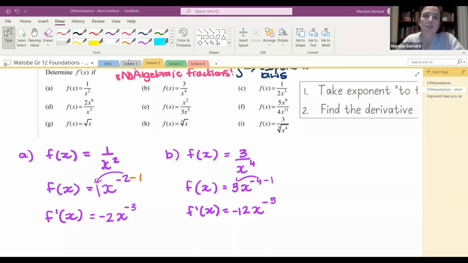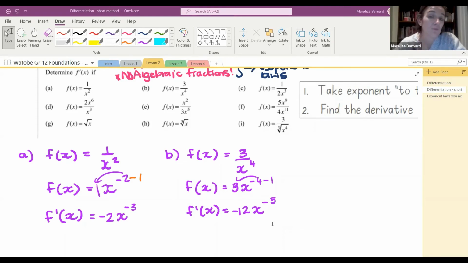Okay, so Cassandra's asking, is it okay to leave our answer like this? Okay, so sometimes we are asked to change it back to positive exponents. Let's just be clear, a variable or the whole expression can be negative. But in this case, we have an exponent that's negative. It's a negative 5. And yes, sometimes you're asked to leave it with positive exponents.